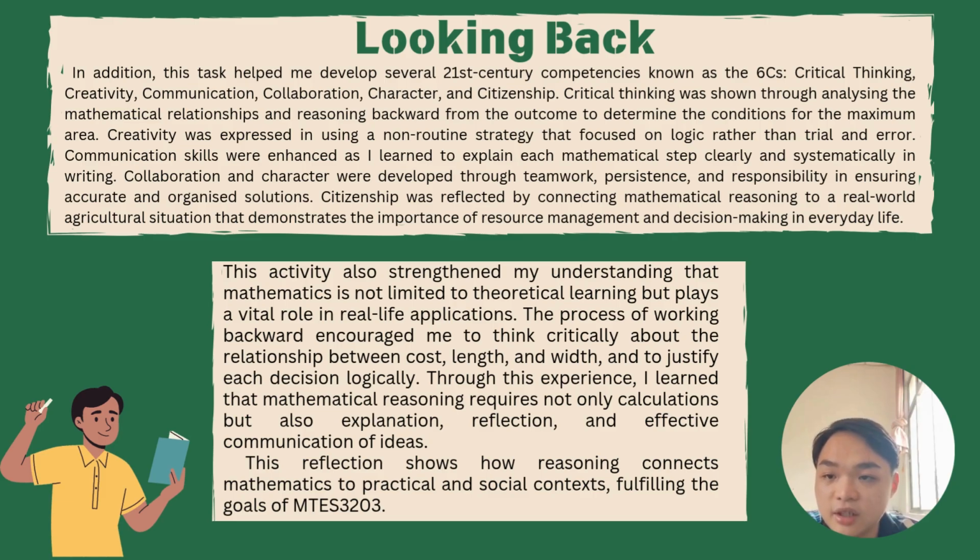Collaboration and character were developed through teamwork, persistence, and responsibility in ensuring accurate and organized solutions. Citizenship was reflected by connecting mathematical reasoning to a real-world agriculture situation that demonstrates the importance of resource management and decision making in everyday life.